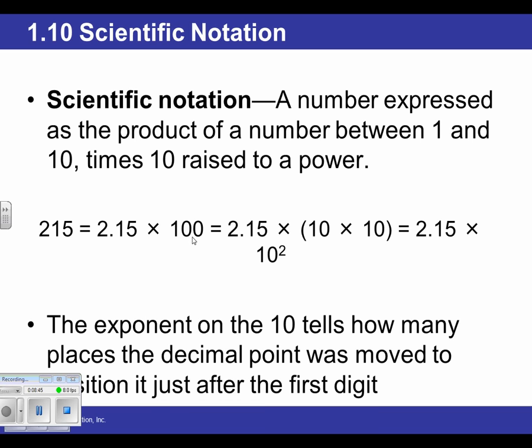Well, 100 is equal to 10 times 10, and 2.15 times parentheses 10 times 10 is still going to be equal to the same number. But if you replace those 10s with 10 squared, they mean the same thing as well. So when you're expressing something using scientific notation, you can do so by expressing them using 10 raised to a value of 2, and it makes a simpler expression of a much larger number.